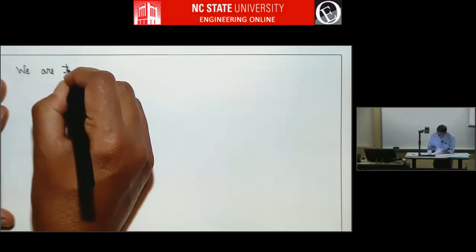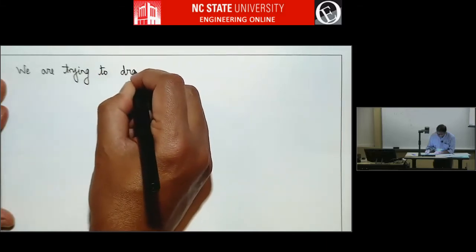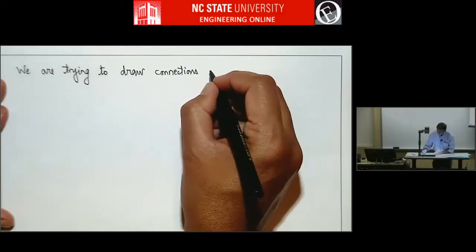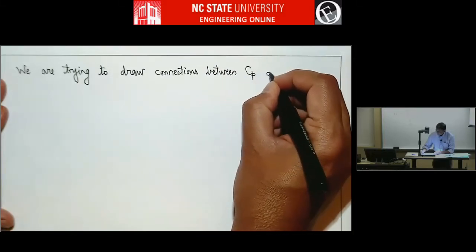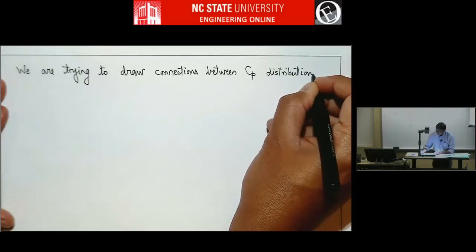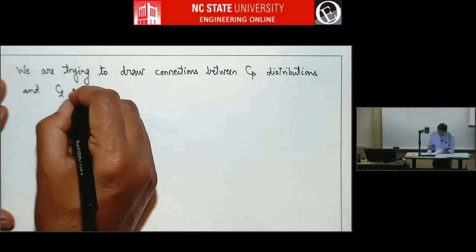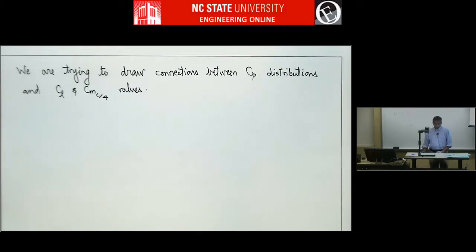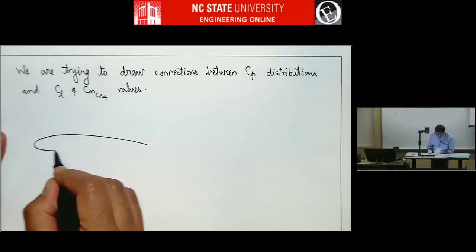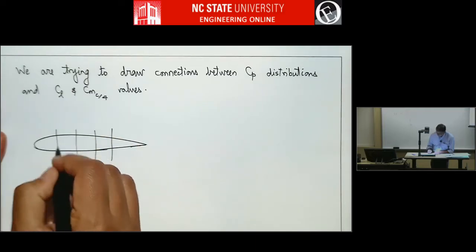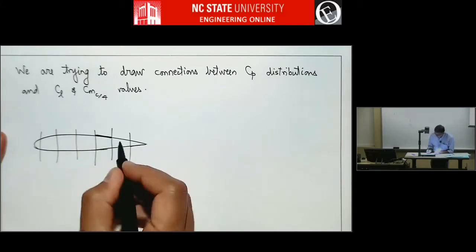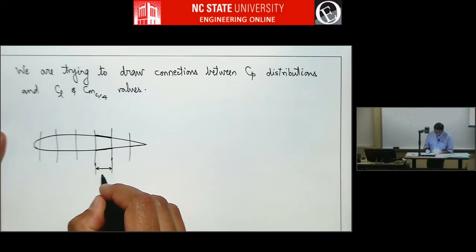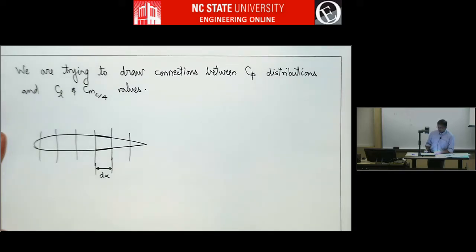So we are trying to draw connections. Because of this, if you have the x locations the same, then you can say if I take this panel and this panel, the resultant vertical, so these have the same x locations, and this dx is the x width of this panel.